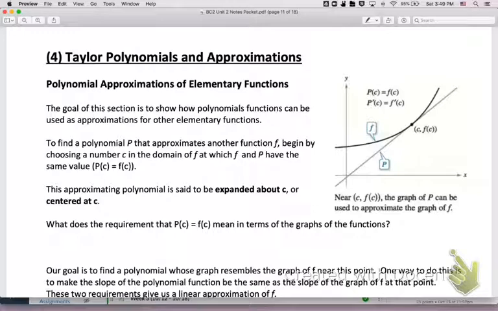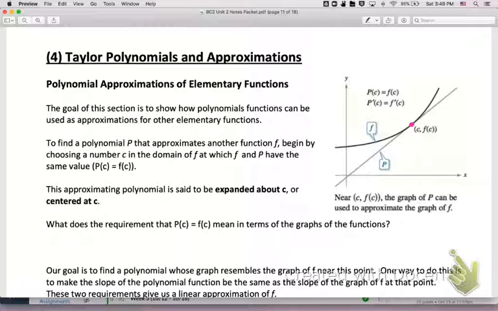So if we think about visually what that means, if you look at the graph over here, if we think about this line here as the polynomial p and this curve as the function f, we need to make sure that this point right here is the same. This point of intersection between the two is the same, okay?